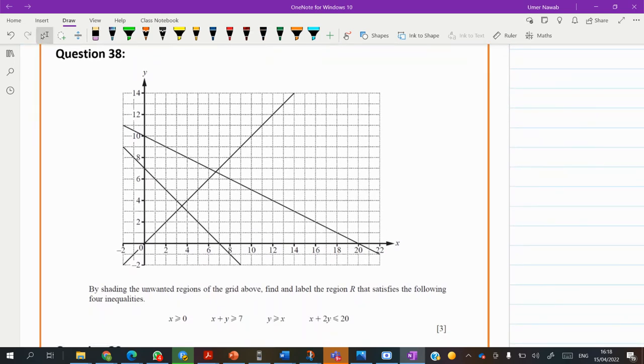Question number 38. X is greater than or equal to 0, that is the y-axis basically. This is your y-axis. Greater than or equal to 0 means right hand portion is wanted, left hand portion is unwanted.